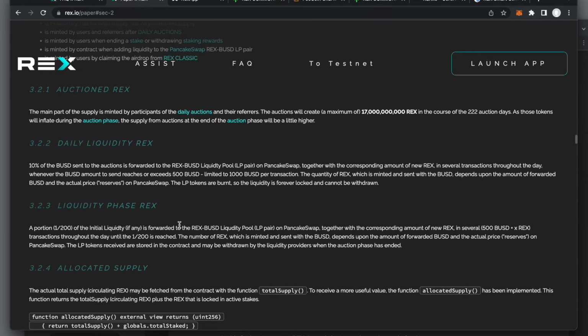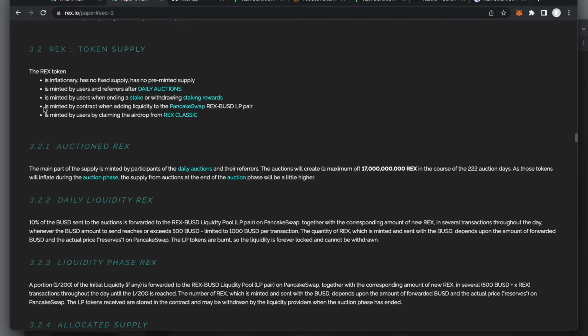Okay, section 3.2.2, daily liquidity REX. 10% of the BUSD sent to the auctions is forwarded to the REX BUSD liquidity pool or the LP pair on PancakeSwap, together with a corresponding amount. Okay, actually that I guess is what this bullet point is talking about as well, that the minting by the contract when adding liquidity to the PancakeSwap BUSD pair.